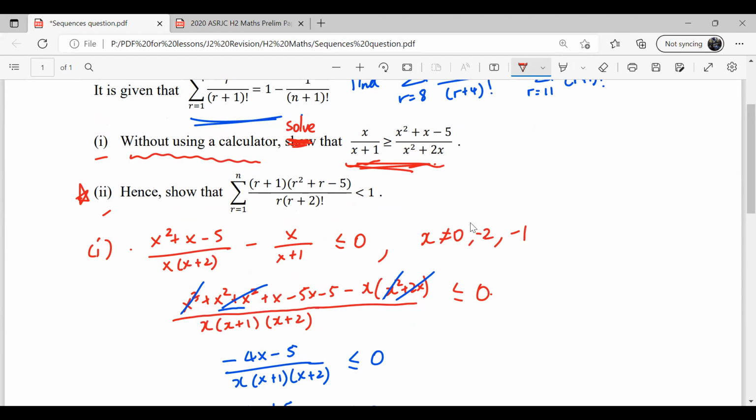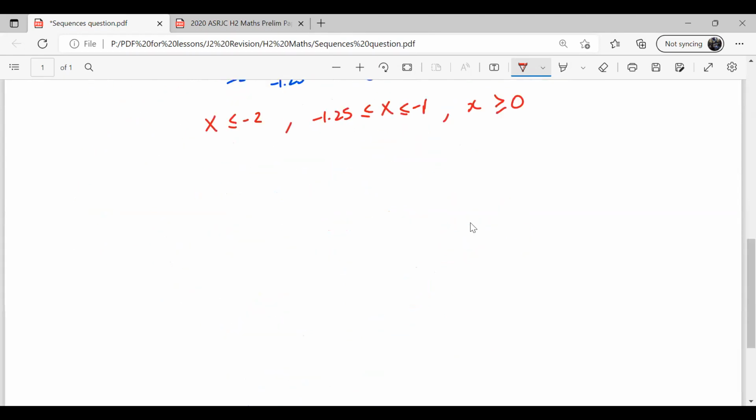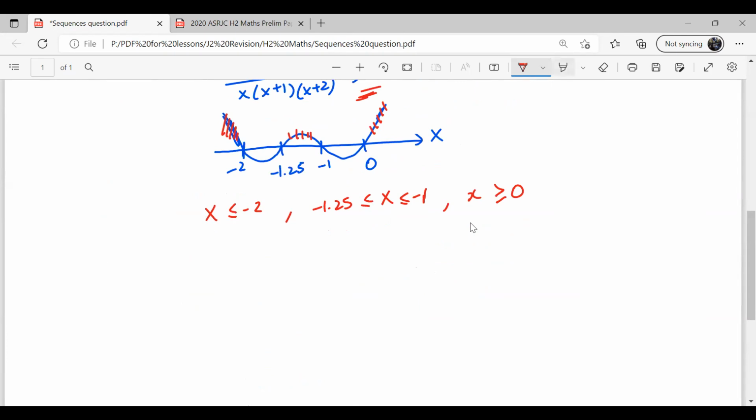Okay, and then as you solve the final answer, then you can refer to this. So x cannot be 0, negative 2, negative 1. So you look at this equal sign. There is an equal sign here. So cannot. So what you need to do is just remove the equal sign.